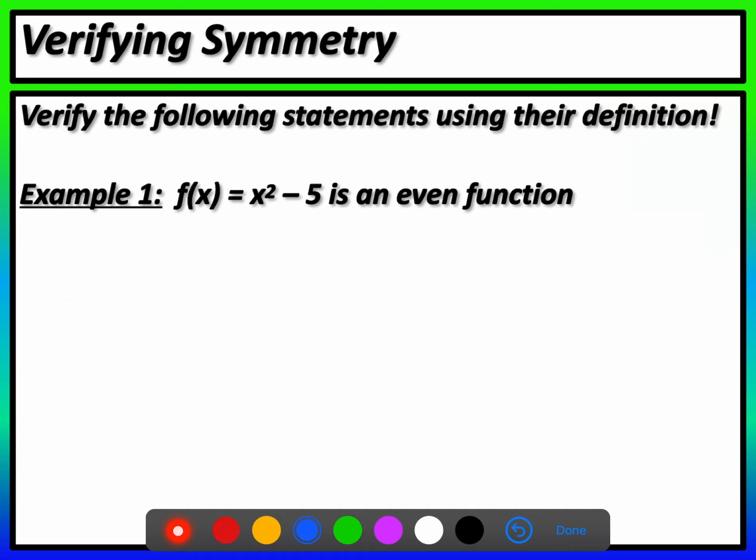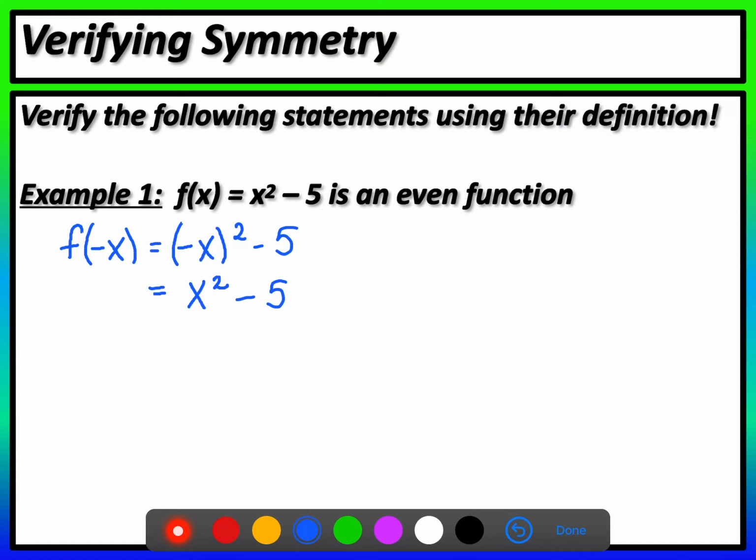So even means we switch everything, all the x values, for a negative x. So all of my x values, I'm going to evaluate this function with a negative x. So what happens when I do negative x squared?